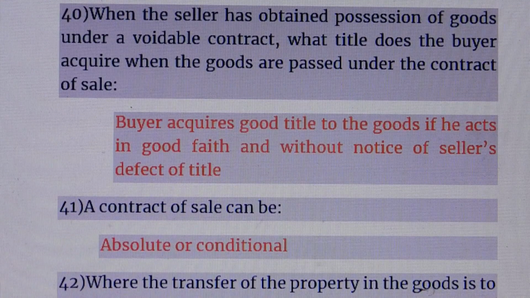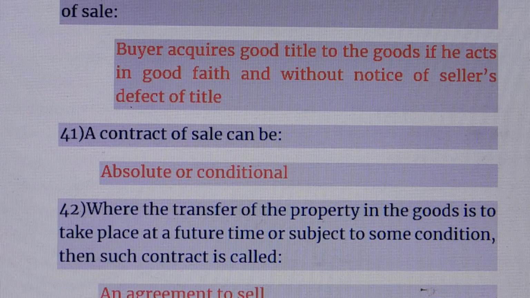When the seller has obtained possession of goods under a voidable contract, what title does the buyer acquire when the goods are passed under the contract of sale? Answer is buyer acquires good title to the goods if he acts in good faith and without notice of seller's defect of title.